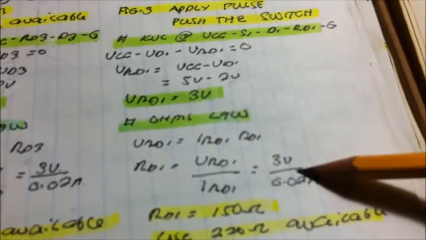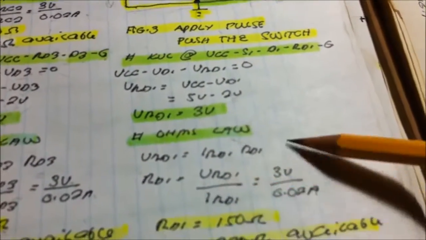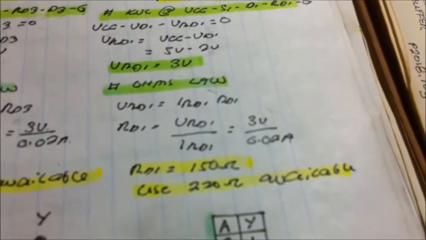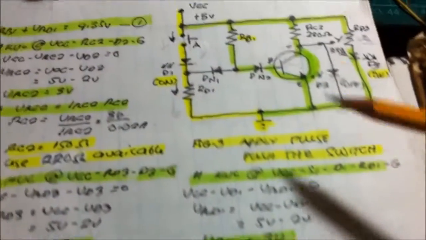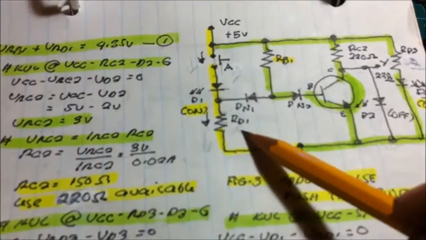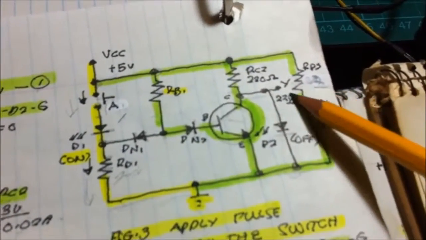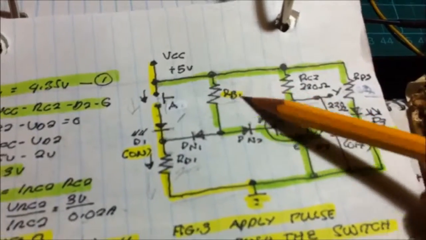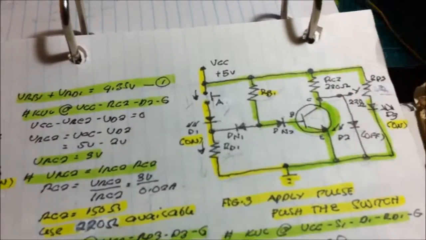Using again Ohm's law, the current rating of the LED, by transposition, substitution, calculation, 150 ohms, and I use a 220 ohm available resistor. So we got now the value of 220 here, 220 at RC2, 220 at RD3. Still we're not getting the value of RB1. How to get the value of RB1 here?